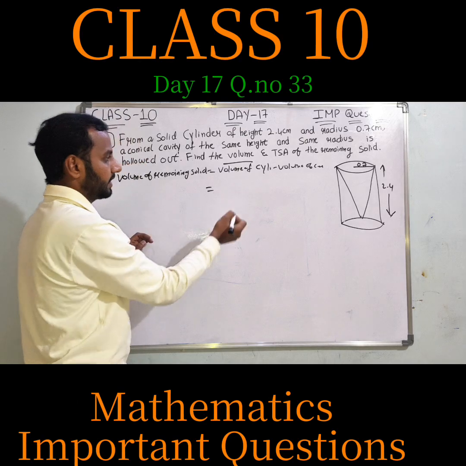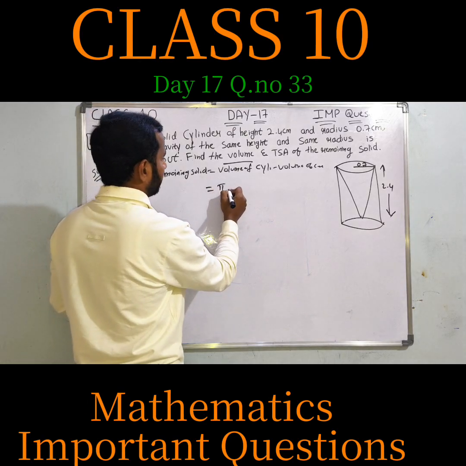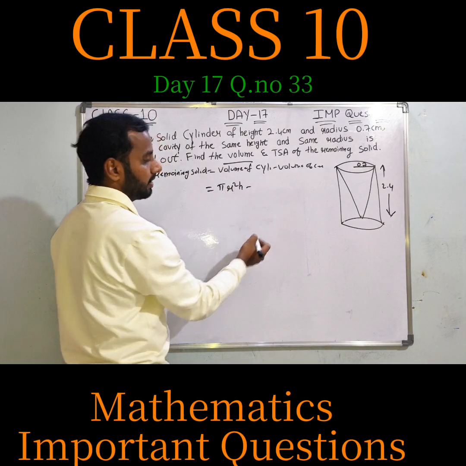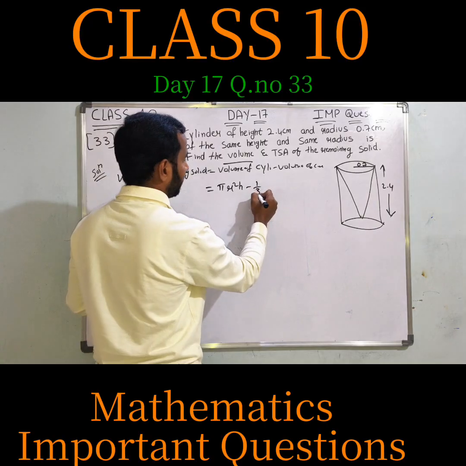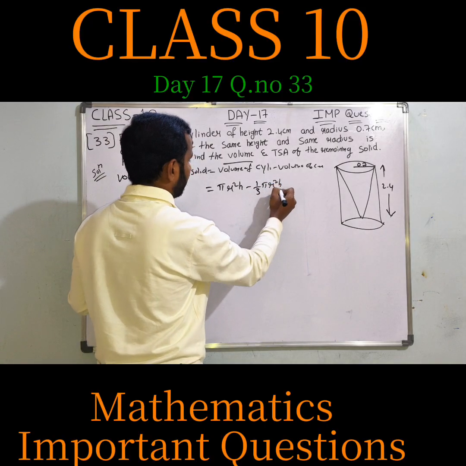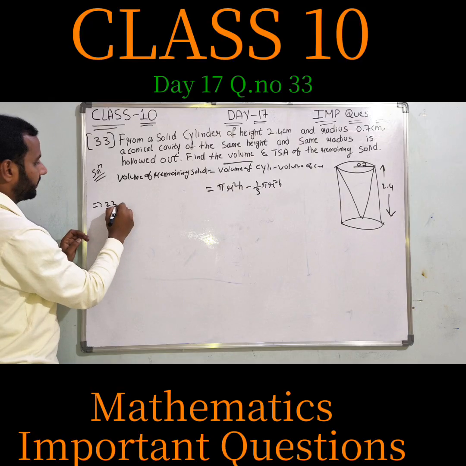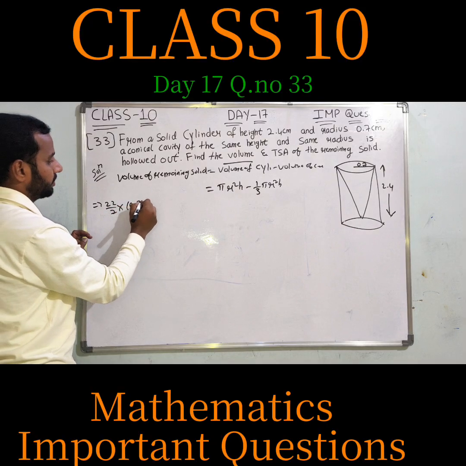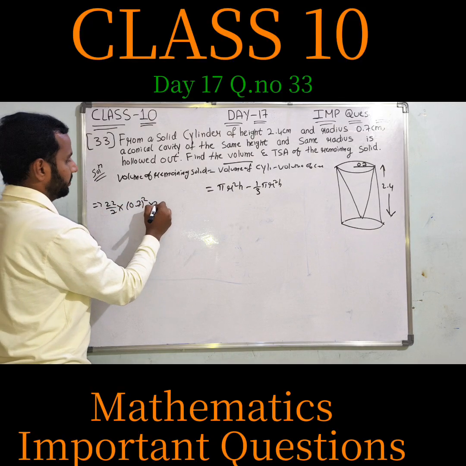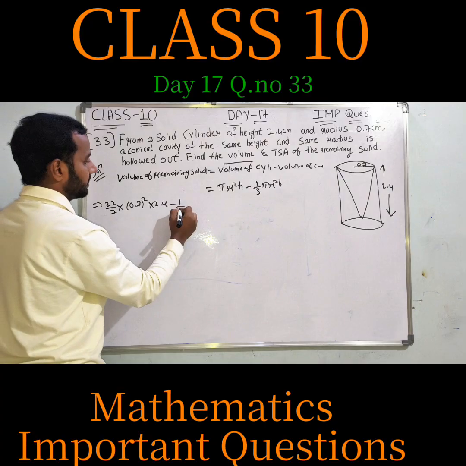Now what is the volume of cylinder formula? Pi r square h. Volume of cone formula is 1 by 3 pi r square h. Now substitute it. Pi value 22 by 7, radius is 0.7 whole square, height is 2.4, minus 1 by 3 as it is.